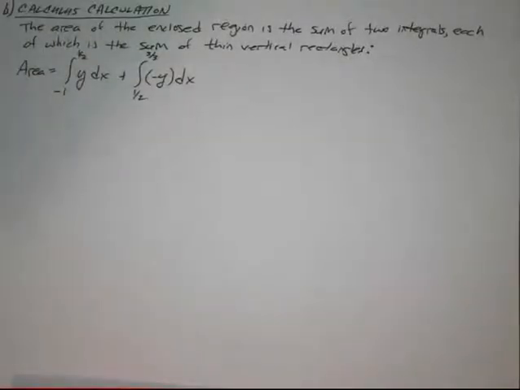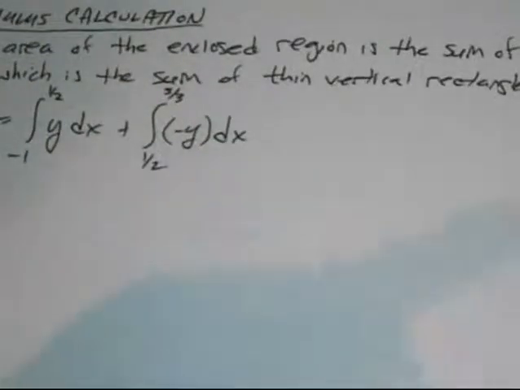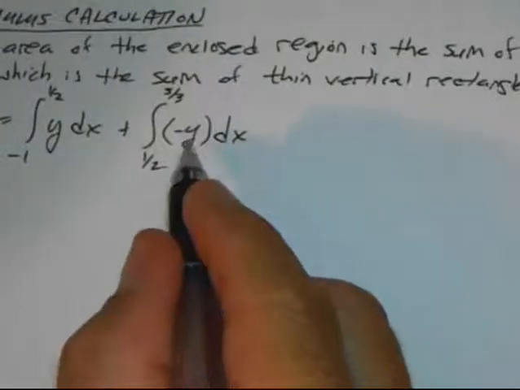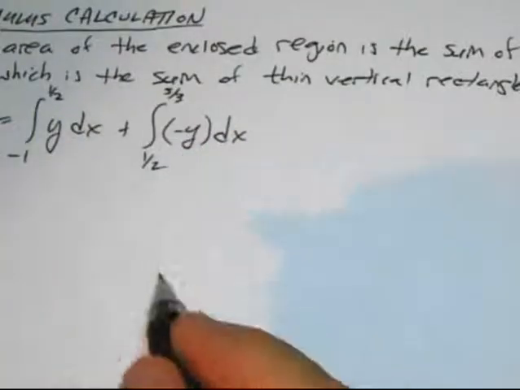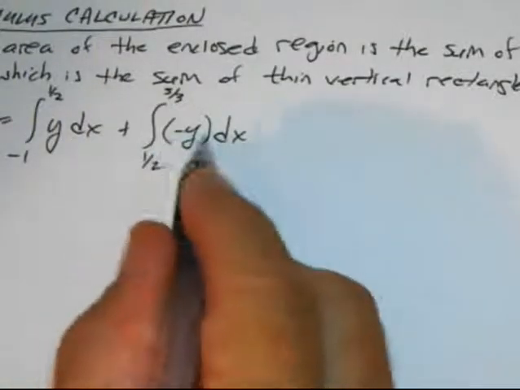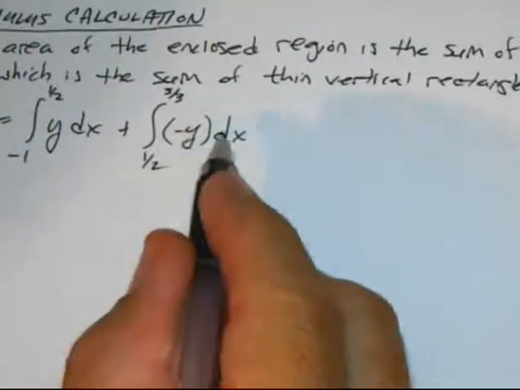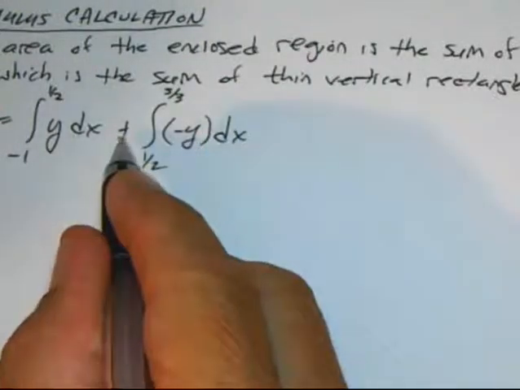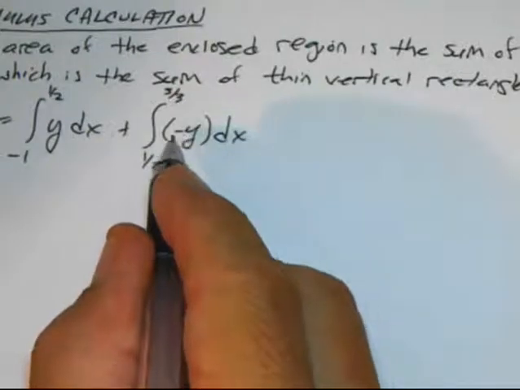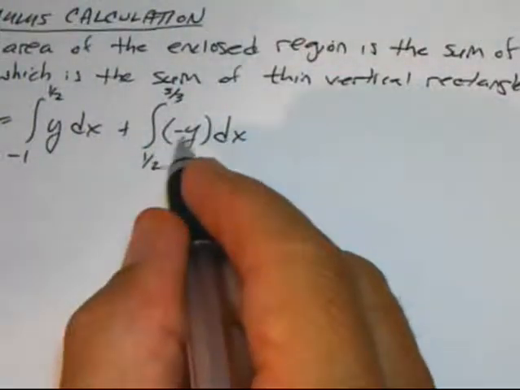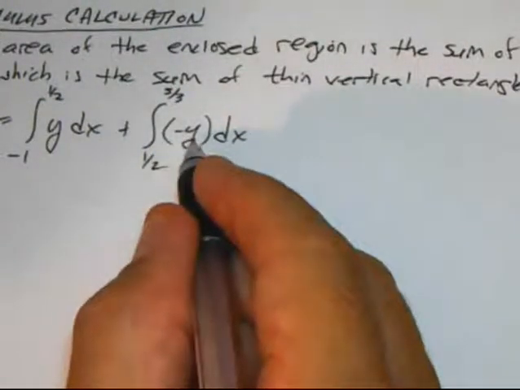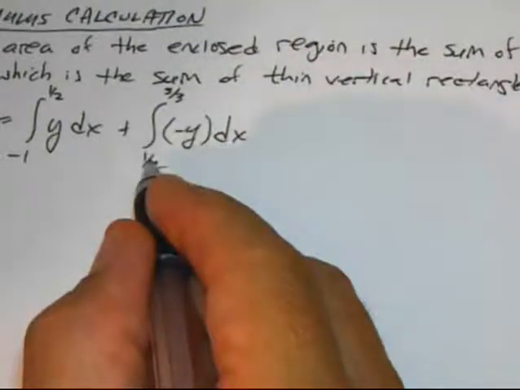Alright, now a slight simplification is available. A negative y dx. We can change this to a positive integrand two ways. One is to factor a negative 1 out in front, but something else that we can do and have no subtractions running around, and that is to change this to positive and then reverse the limits of integration.